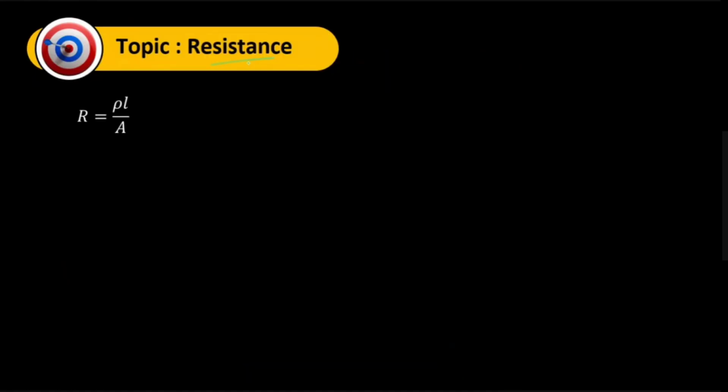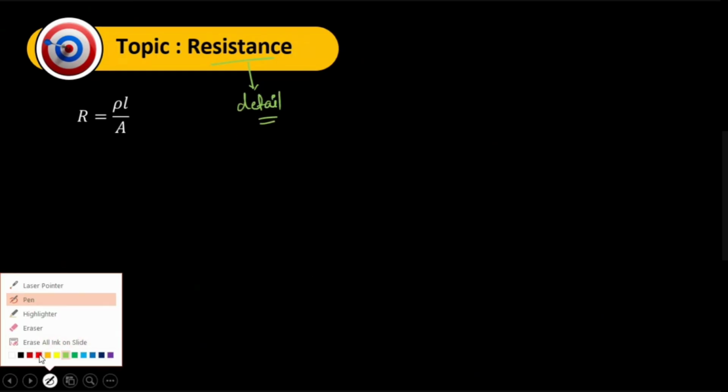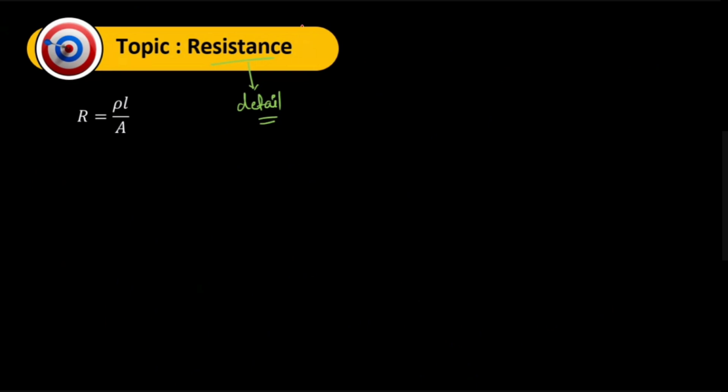Now let's talk about resistance in a little detail. If it is a quantity, it must depend upon certain factors. If we can understand how those factors affect the resistance of a conductor, we might be able to calculate the resistance of any kind of conductor. So we saw that resistance depends upon the conductor's dimensions.